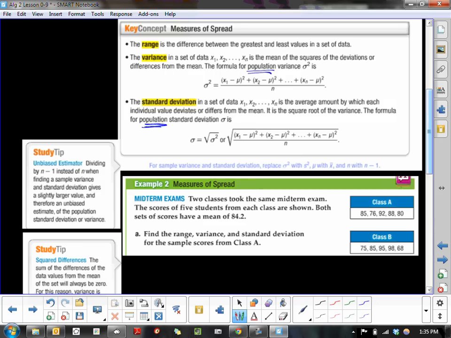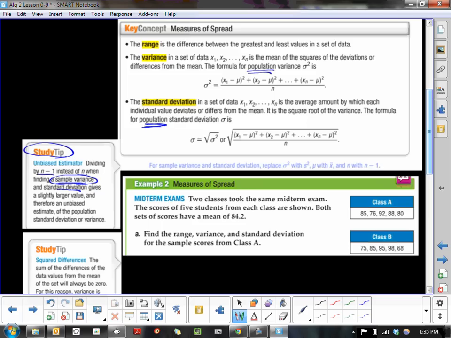I just want to reiterate that this is for population standard deviation. Now, we've got to pay attention to this: the unbiased estimator, dividing by n minus 1 instead of n when finding a sample variance and standard deviation, gives us a slightly larger value and therefore an unbiased estimate of the population variance or standard deviation. When you do a sample, you're probably going to have a little bit more error because you weren't able to sample the entire population.